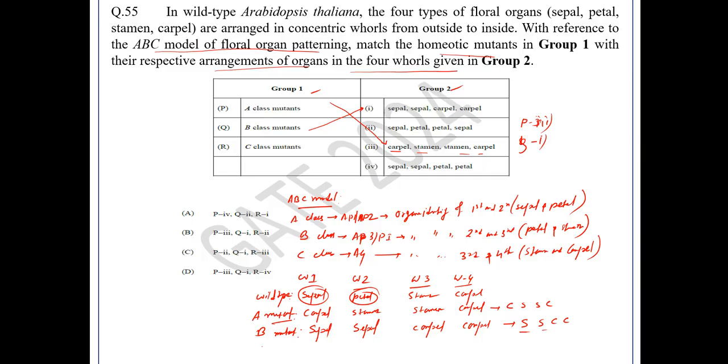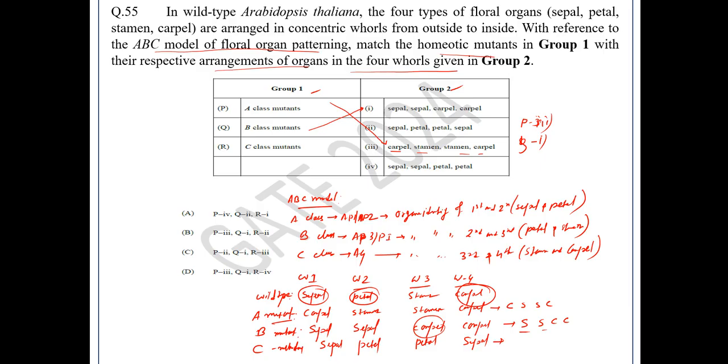And if we see the C mutant, the C mutant will result in the formation of sepal in the first whorl, petal in the second whorl, on the third whorl there is a formation of petal instead of stamen, and in the fourth whorl, there is a formation of sepal instead of carpel.